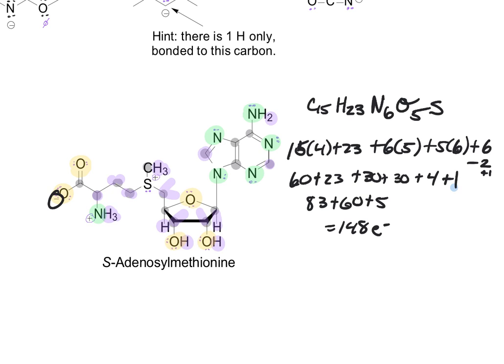Now, let's count all these up. I gotta kind of erase all the color on there. And we have, I'm gonna put the lone pairs back on that I had drawn before.